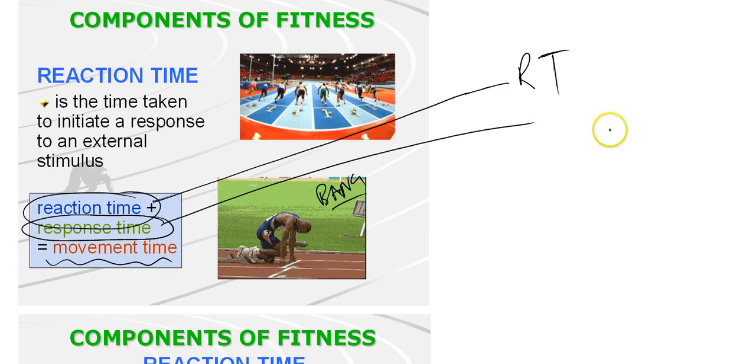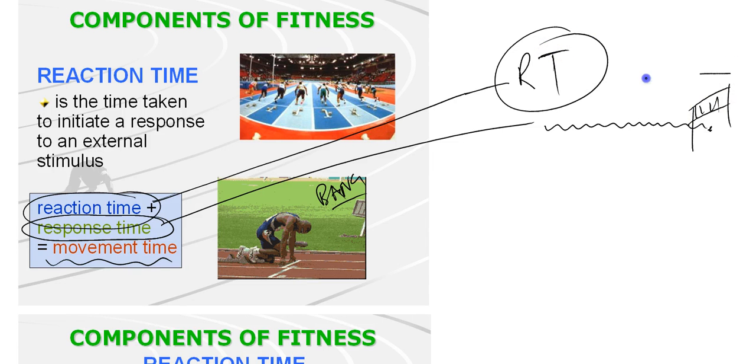As soon as I start to move, so I'm now running till I finish, so I go past the finish line, that's my response time. Put the reaction time plus the response time together and I get my movement time.